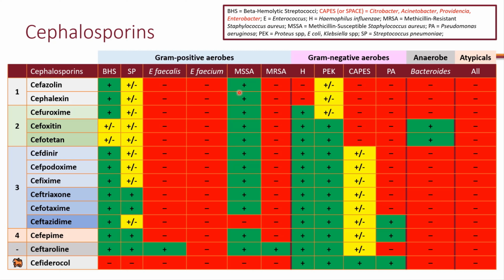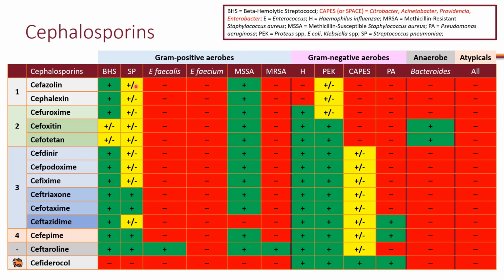And they do have activity against MSSA, so even though Staphylococcus aureus makes penicillinases, it cannot break down cephalosporin, so this is active, but they do not have activity against MRSA. In fact, ceftaroline is the only beta-lactam in general that has activity against MRSA in the US among the agents that are available in the US. There are other beta-lactams that are available elsewhere that may have activity against MRSA.